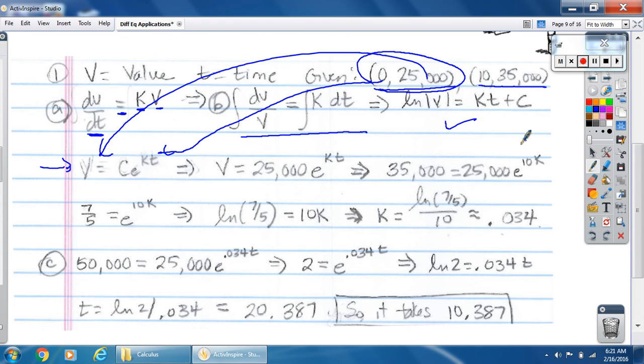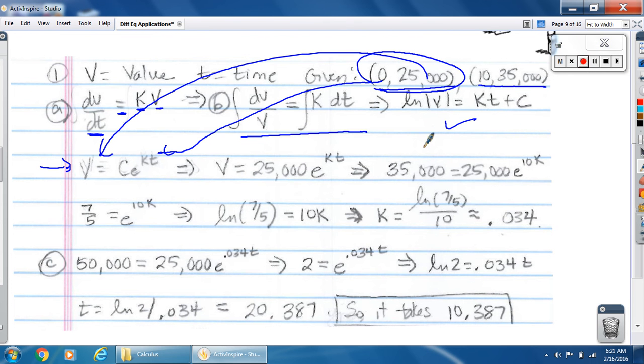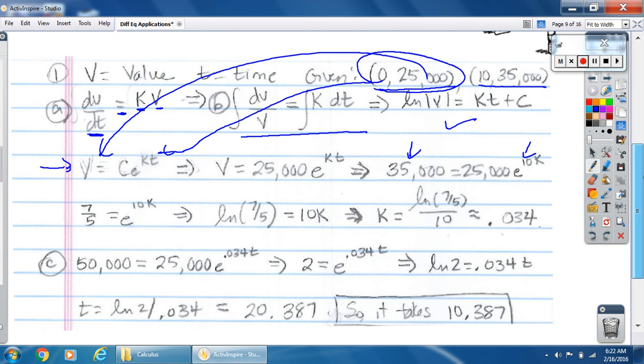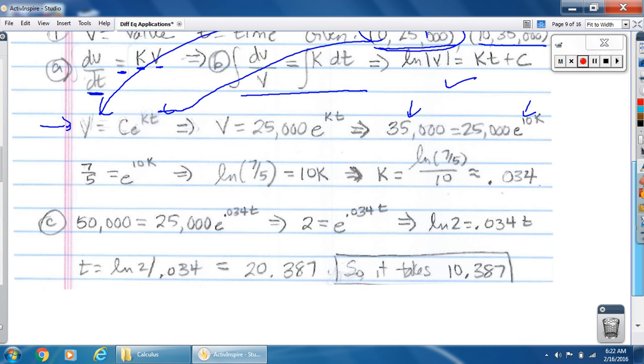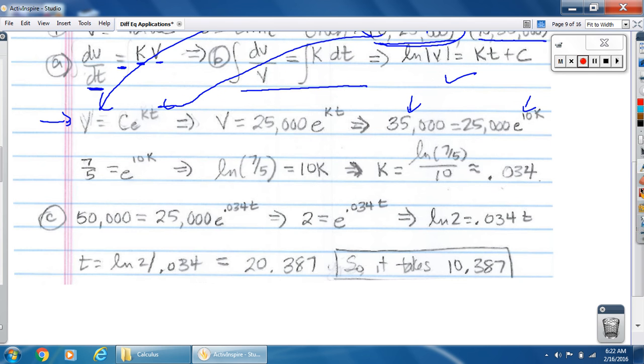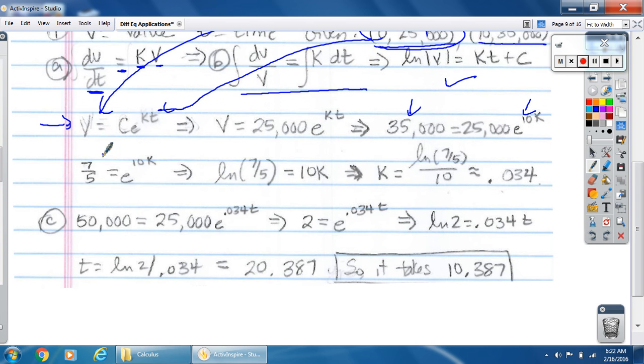Then to find the value of K, we're substituting the second condition that was given. The value of the card collection was 35,000 10 years later, so I'm substituting 35,000 in place of V and 10 in place of T. Then I divided both sides by 25,000 to get 7 over 5.